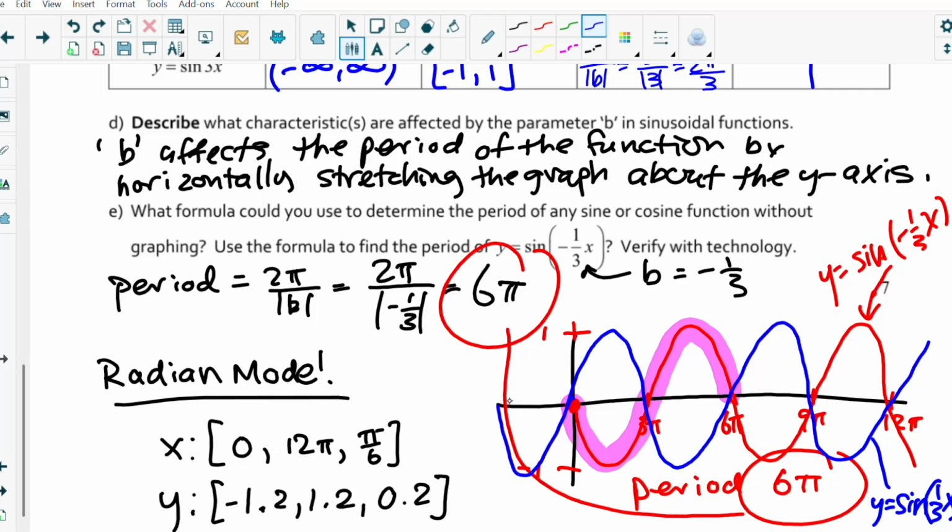So you're going to see a graph that continues on like this, right?